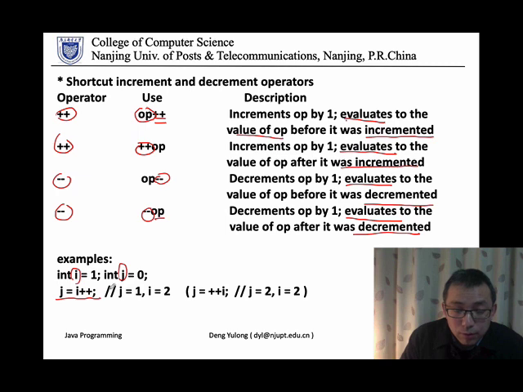Well, when we execute this statement, what happens? We must know that the double plus sign is behind the variable i. So the first step is to make the evaluation, and the next step is to increment it. So first, the evaluation: the variable j is assigned the value 1.